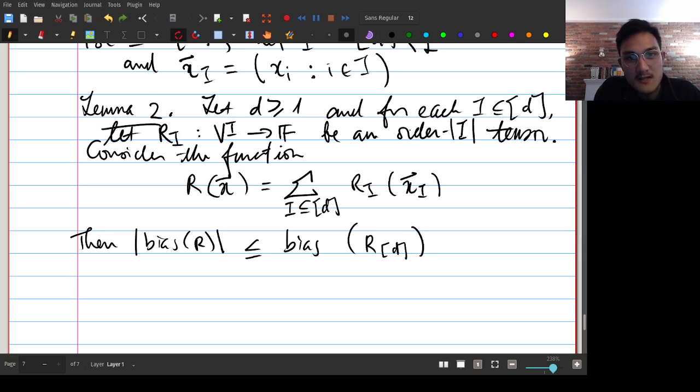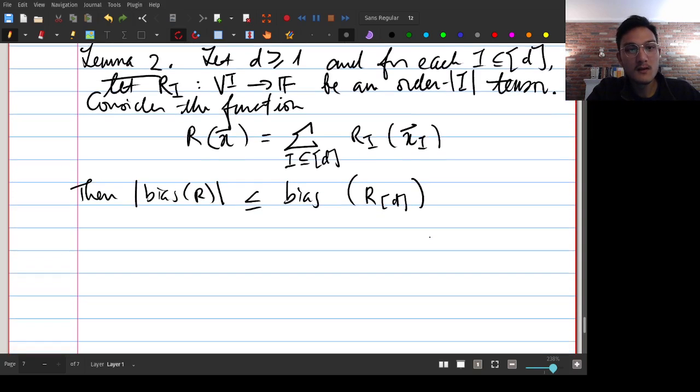This is a single function, one of these functions that we have for each I. So we have 2 to the d functions R_I. We're just saying that the biggest one, the only one that is a d tensor, has bias at least that of this big sum.